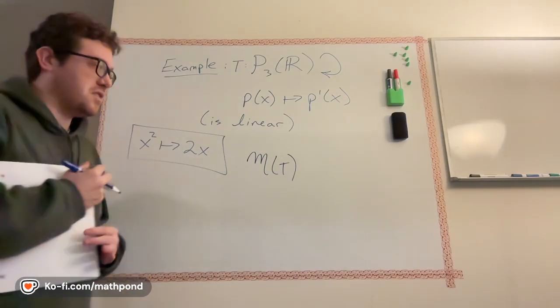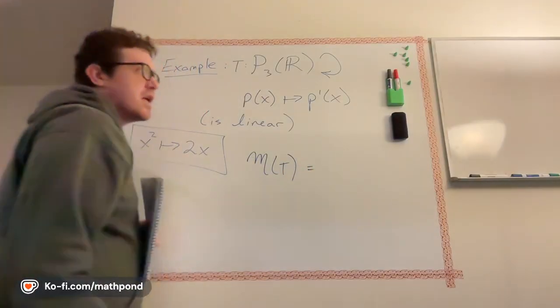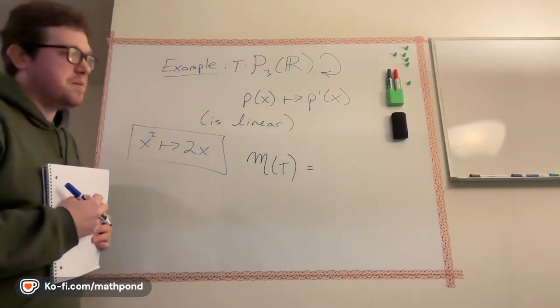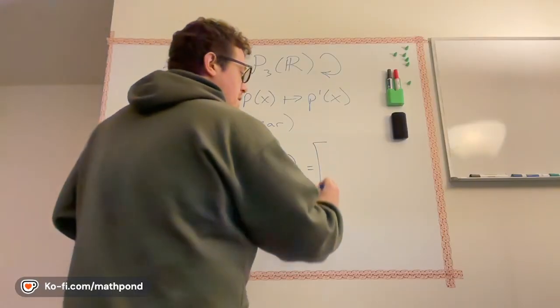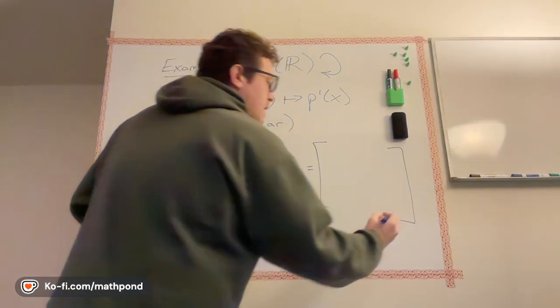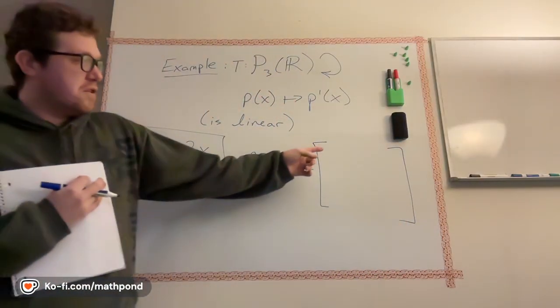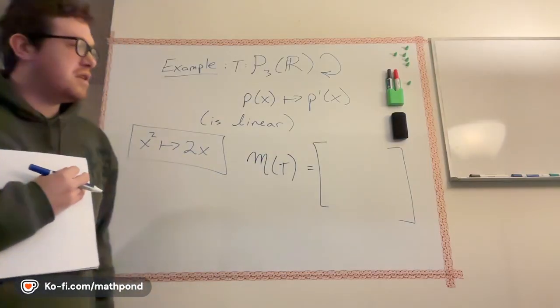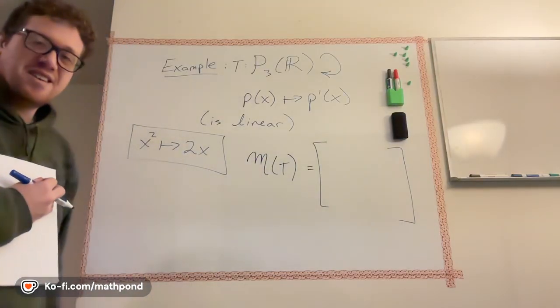So that's the question. It's going to be a 4x4 matrix because the domain and the codomain are both dimension 4. And what's the first column of the matrix? Anybody that's paying attention right now?